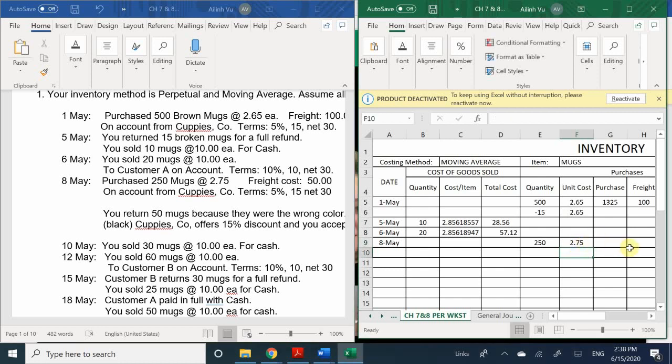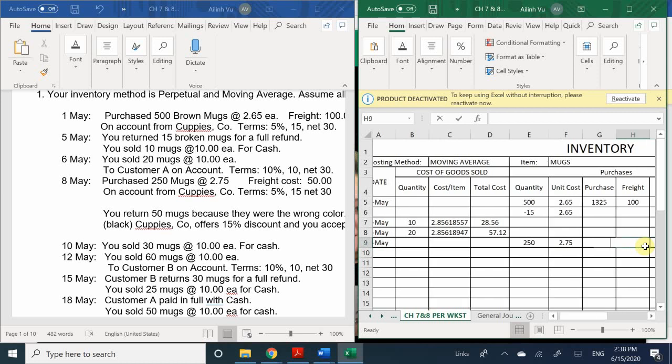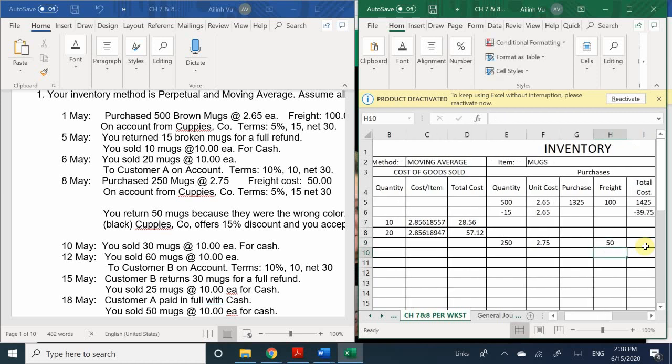And we know that the freight is $50. All right, let's calculate this amount.